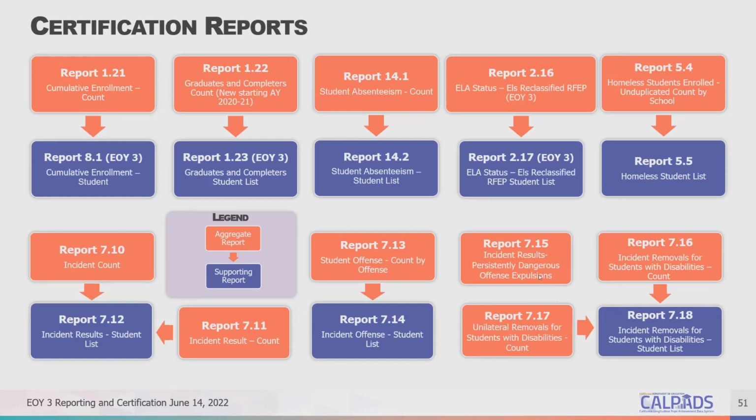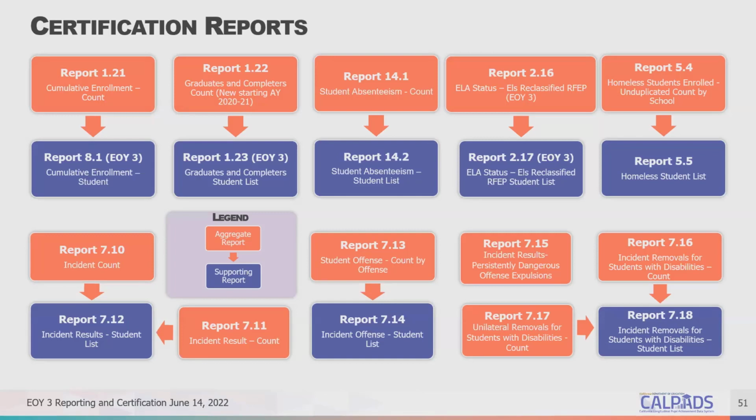You have report 7.17, unilateral removals for students with disabilities count, and 7.16, incident removals for students with disabilities. To drill down to make sure that the data is correct, you would have to use 7.18 for both of those reports. That's the incident removals for students with disabilities list, and the lists provide greater detail.